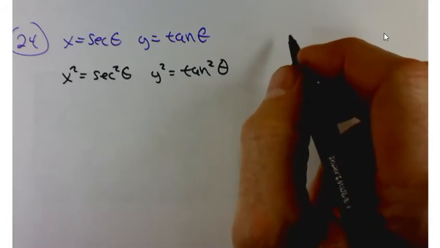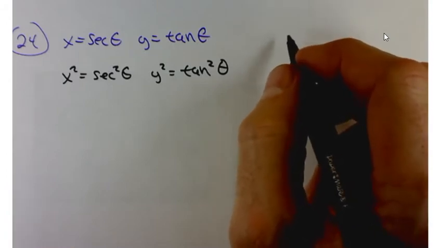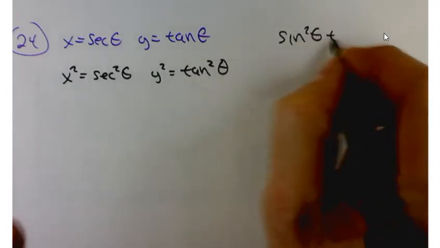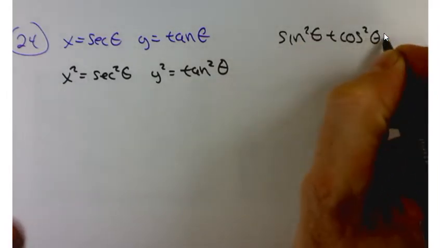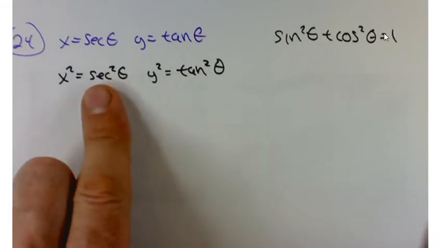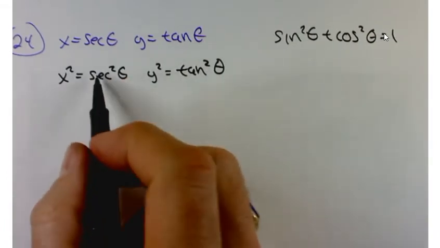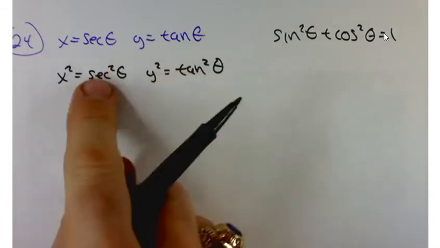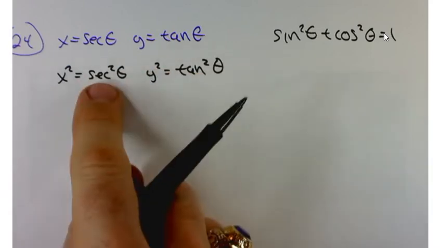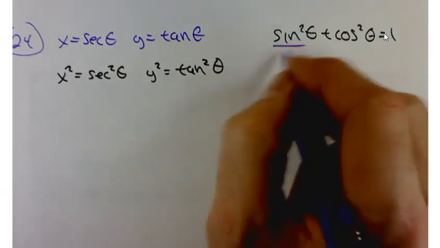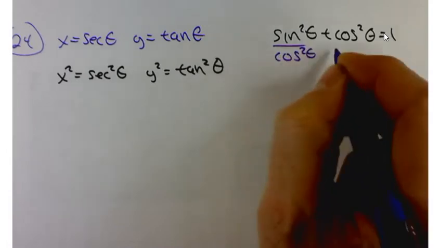Now, if you can't quite remember that, let's look back at sine squared of theta plus cosine squared of theta equals 1. In thinking about this relationship, if you're to write this in terms of sines and cosines, what's going to be in the denominator of both of these? Cosine squared. So let's divide everything through by cosine squared of theta.